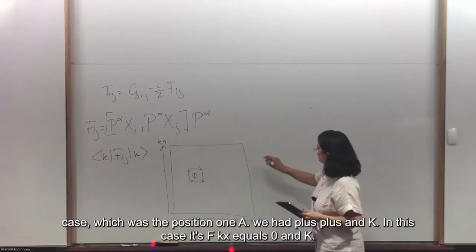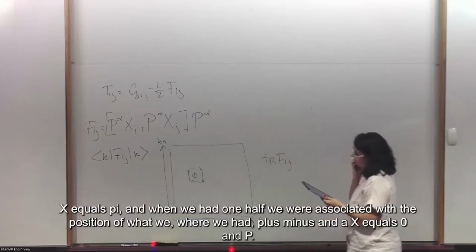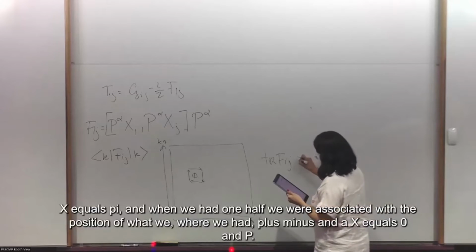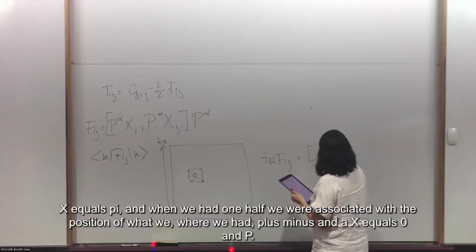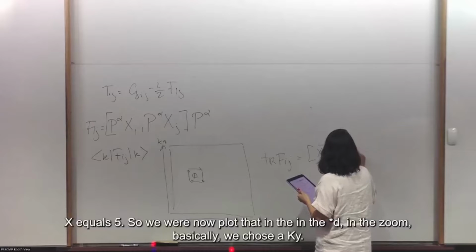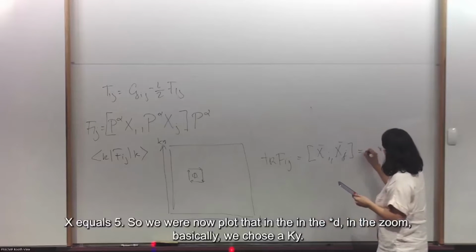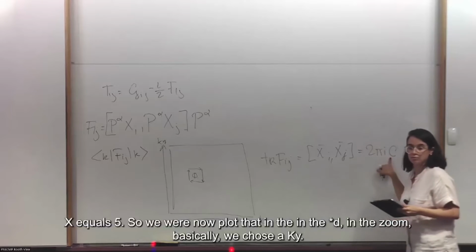And if I take the trace of F_ij, which is basically just a commutator of the expectation values of X and Y, what you're going to pick up is the Chern number.